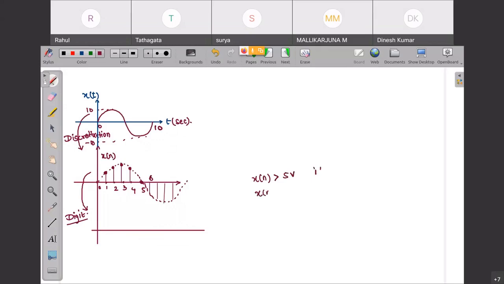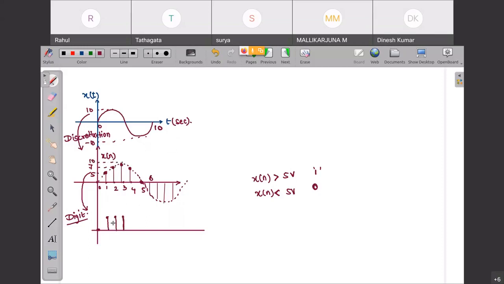And if it is less than 5 volt, I will consider it 0. Here it is 10, here it is 7, here it is 5. So this will be 0, and this will correspond to 1, this 7 volts will also correspond to 1, and this 10 volts will also correspond to 1.